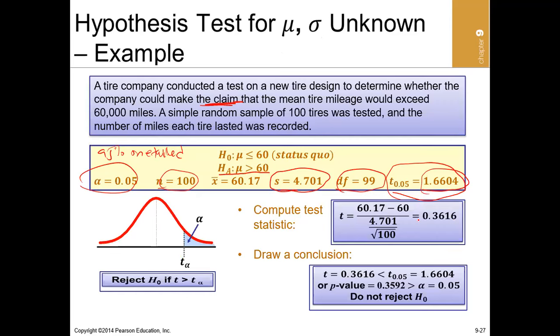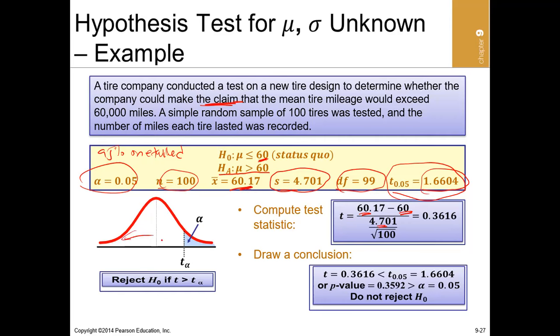When you fix these figures, the sample mean is here, the population mean is here, the sample standard deviation is here, then the square root of the sample size here. You get a computed t of 0.3616.